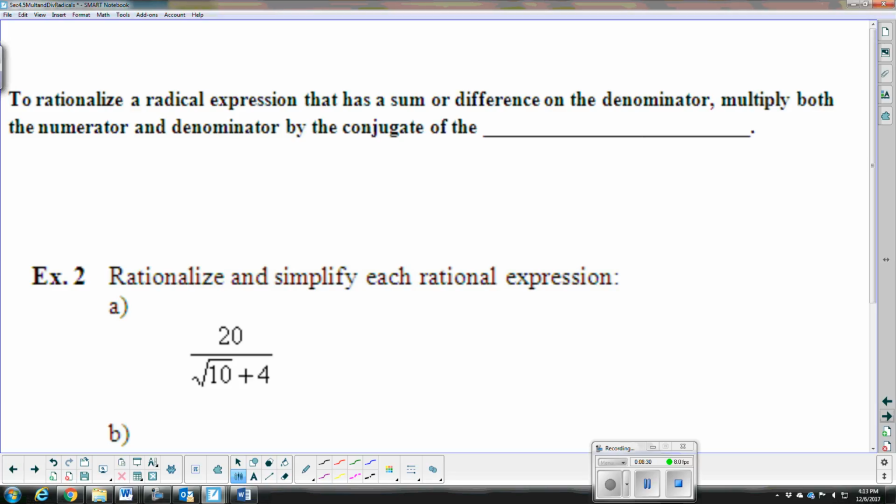All right, so now when we have an expression that has adding or subtracting radicals in the denominator, we need to multiply both the numerator and the denominator by the conjugate of the denominator.